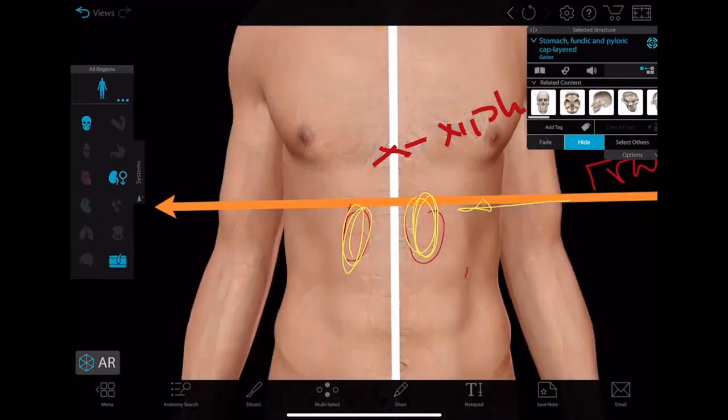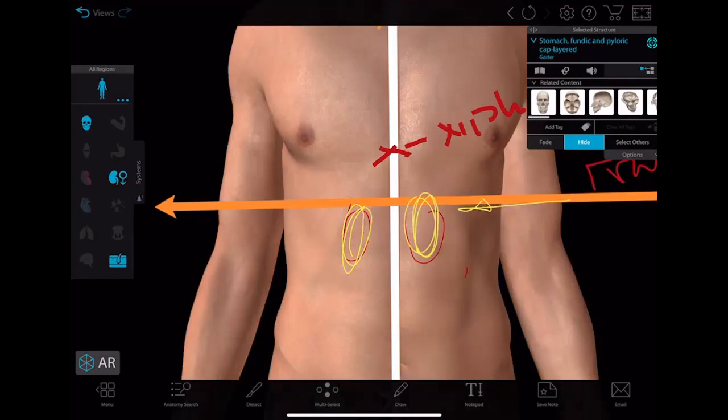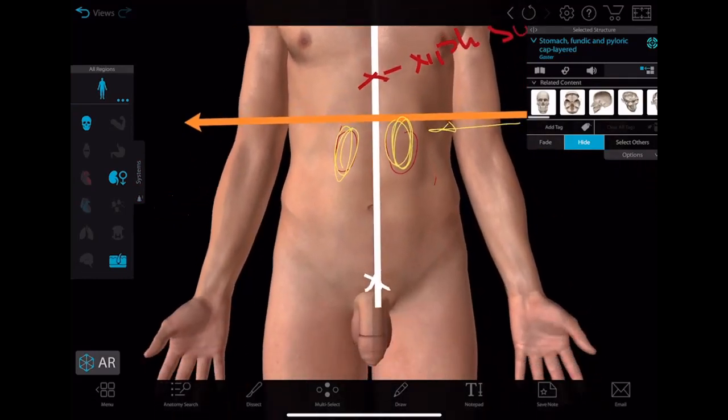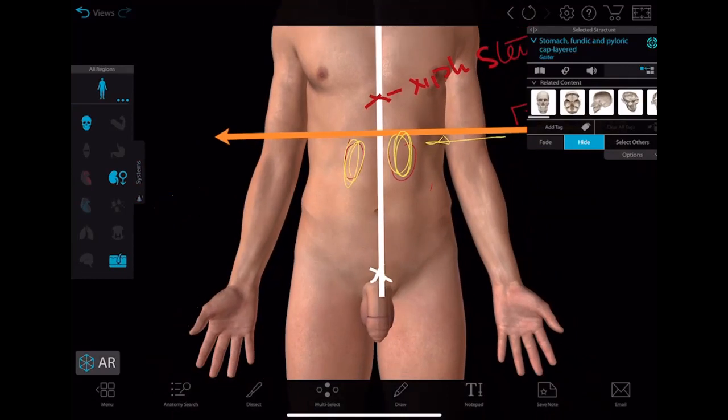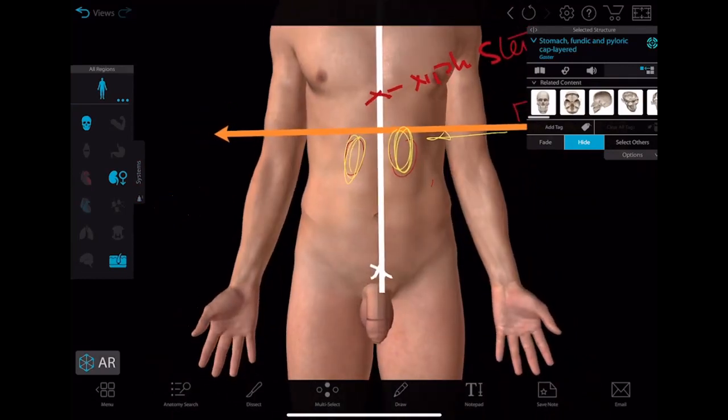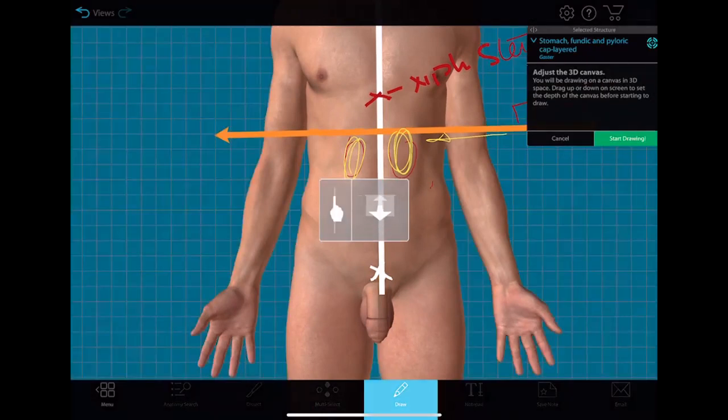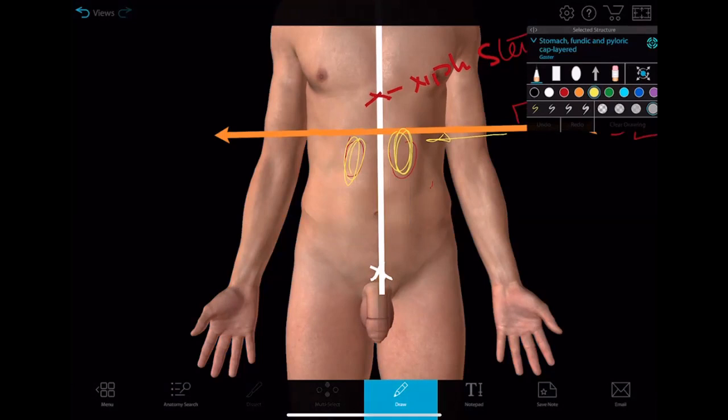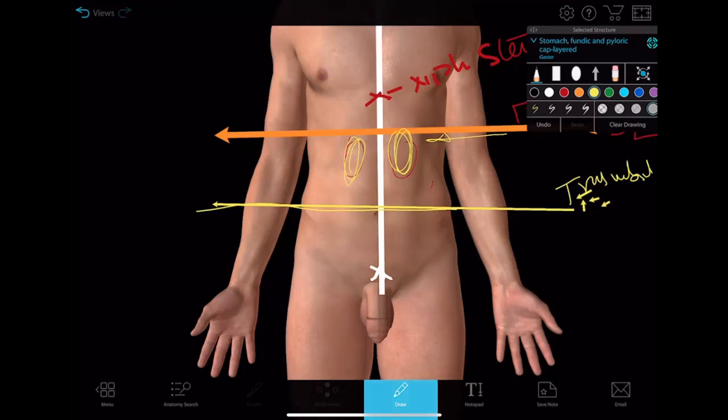Coming to another one, that is transumbilical plane. This is transumbilical plane, right? And there is subcostal plane.